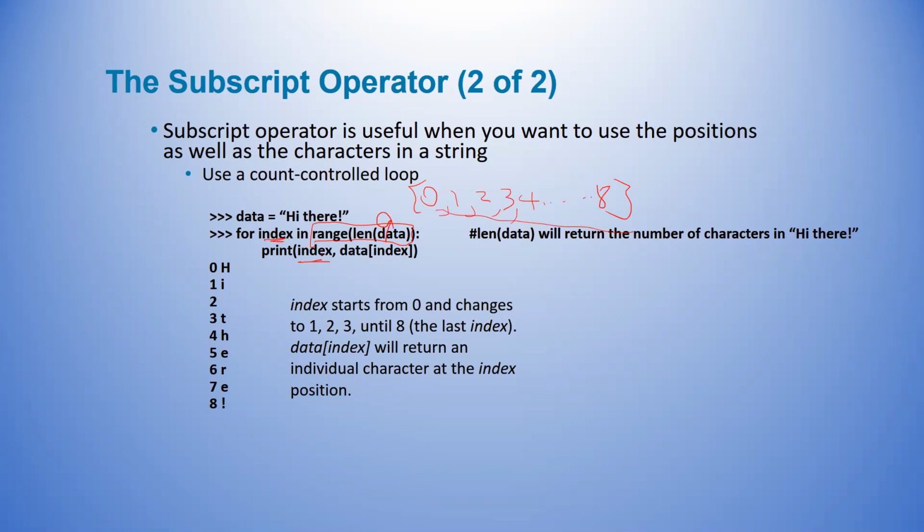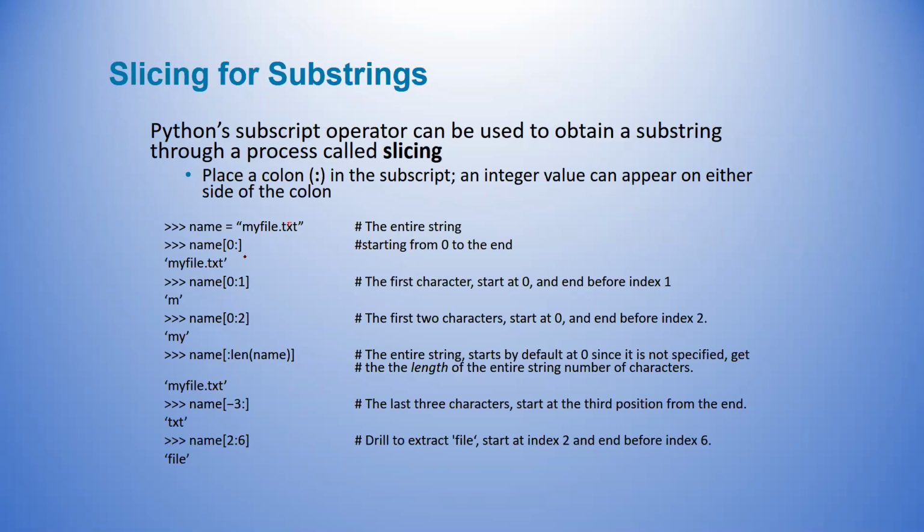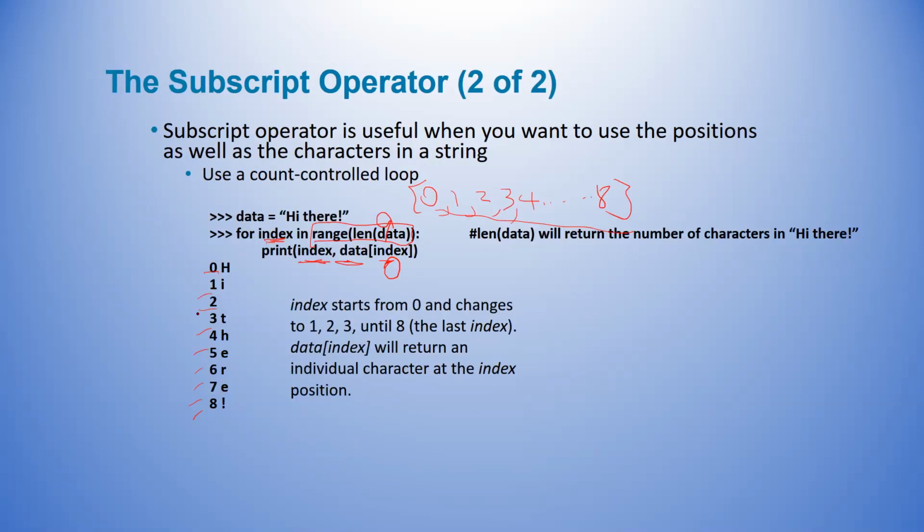Okay, so index will change from 0 to 1 to 2, and that's the index, right? And data index. So the first time it's data sub 0, the second time it's sub 1, the third time is sub 2. So data sub 0 is H. Data sub 1 is I, etc. Data sub 2 is empty space. Do you understand this, everybody?